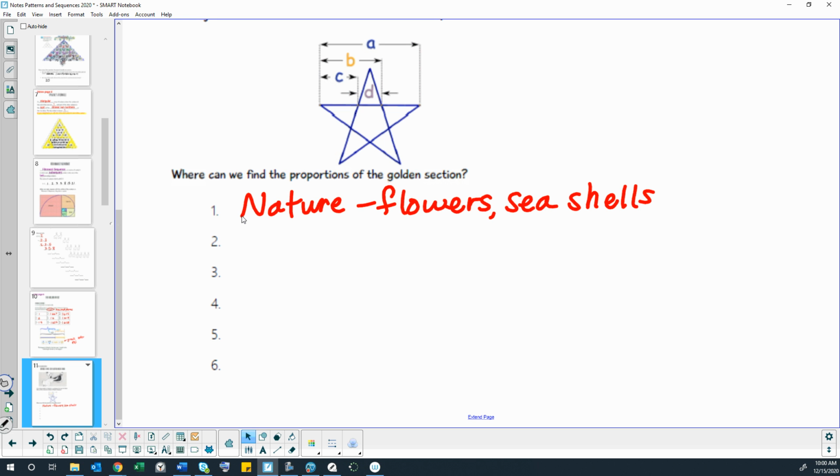Yeah, art, like the one we said, right? Okay, what else? This is a different ratio. Statues, I just included that with art, sculpture, statues.